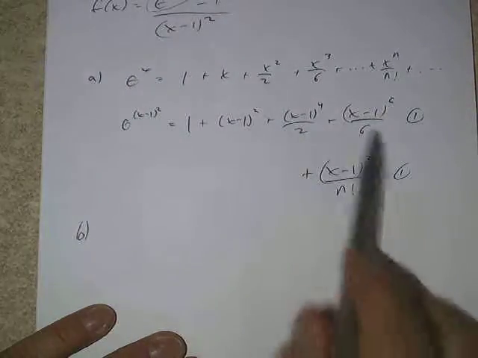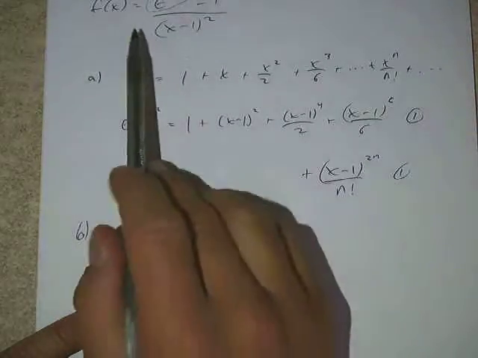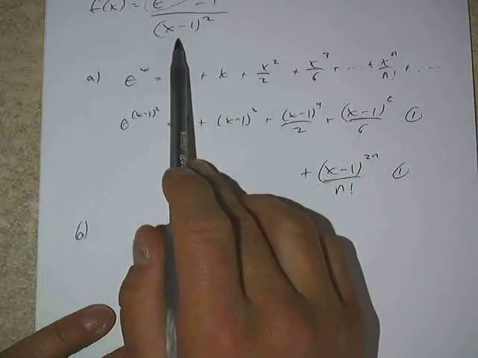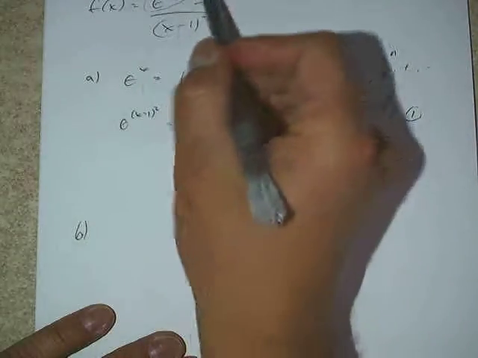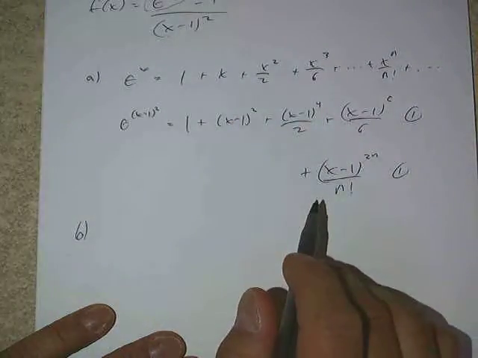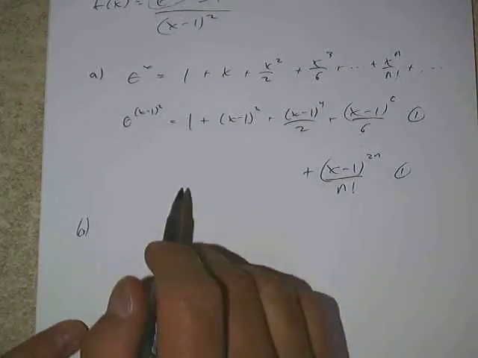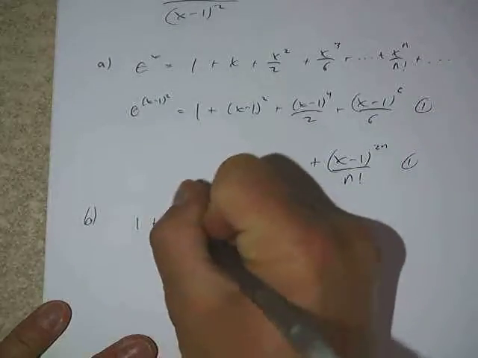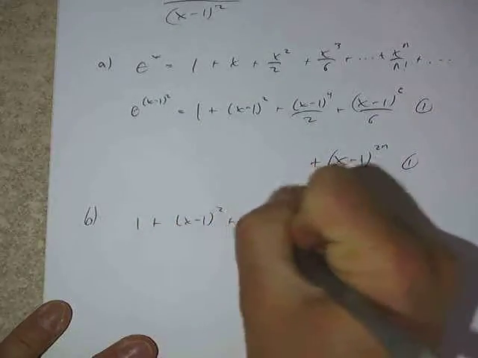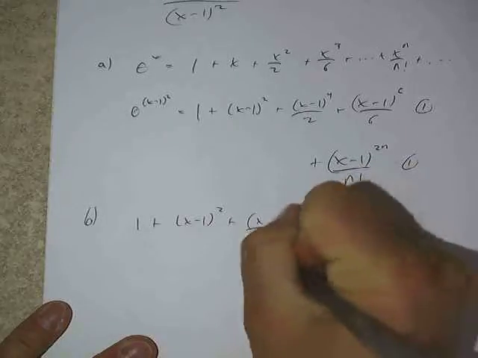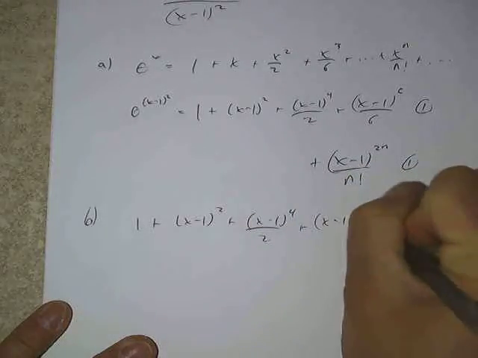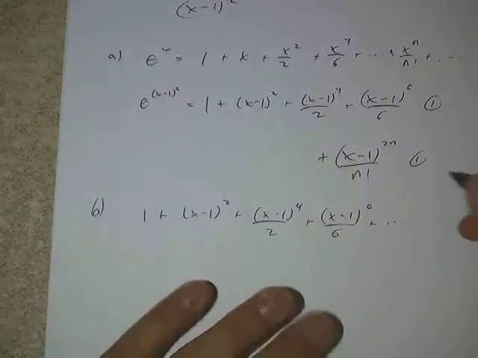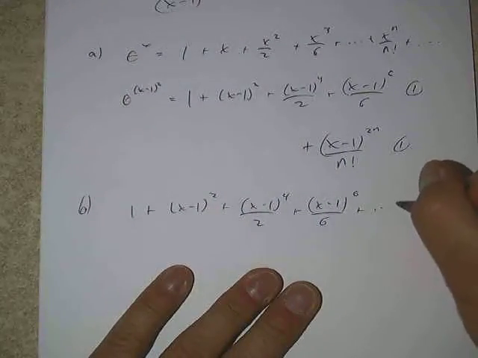So if we're going to make a Taylor series for f, which is the given function up here, remember this part right here, we already have a series for that. True? So what do we need to do with this one that we already have to get this new one? We need to subtract 1, and then we need to divide by this.